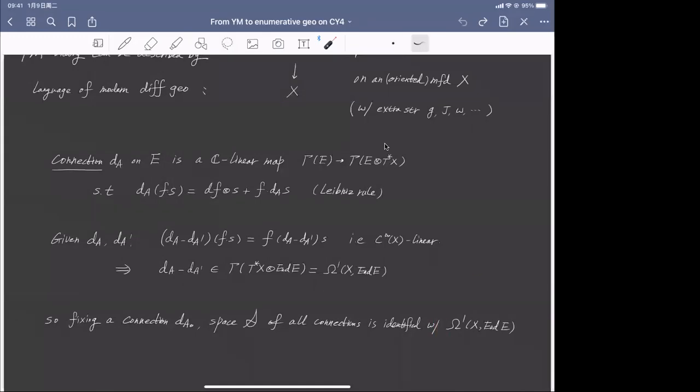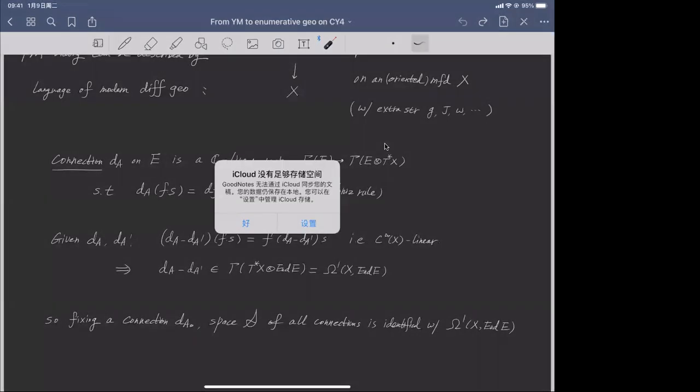Anyway, up to fixing this base point, this is just a vector space.